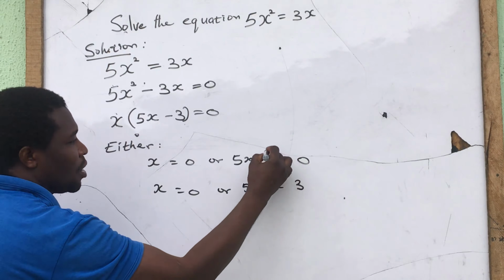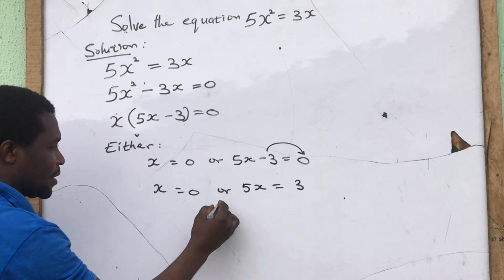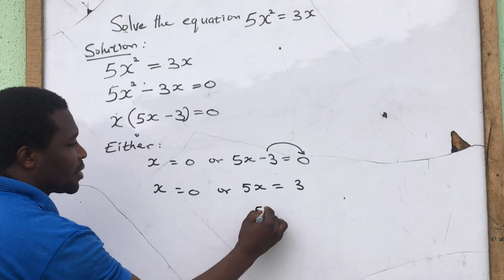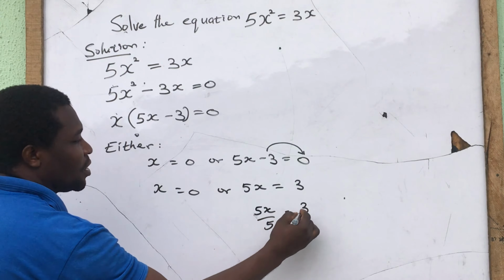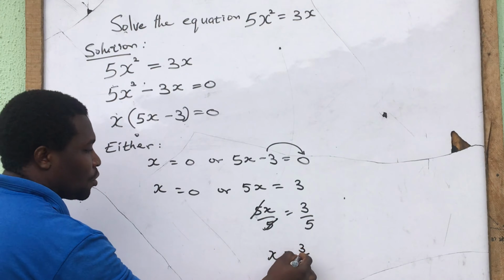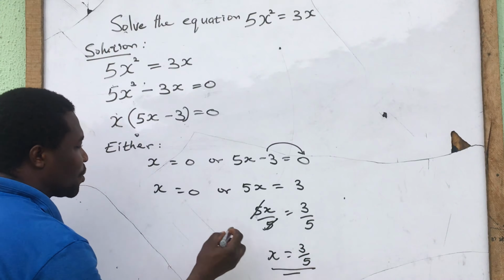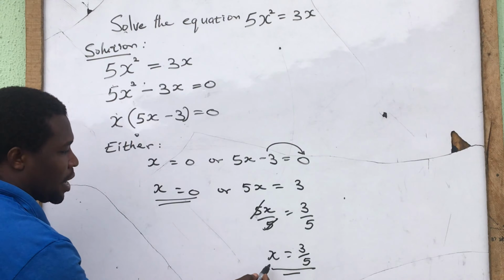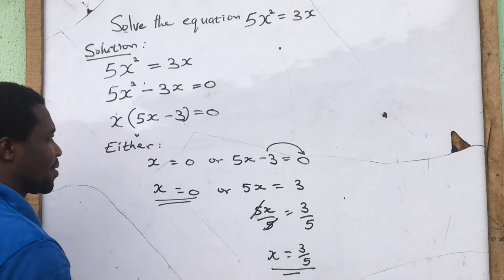Then we have 5x over 5 equal to 3 over 5. Look at that. Then x equal to 3 over 5. So it's either x equal to 0 or x equal to 3 over 5.